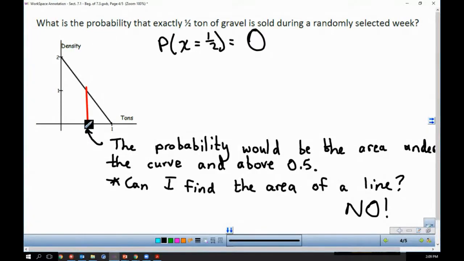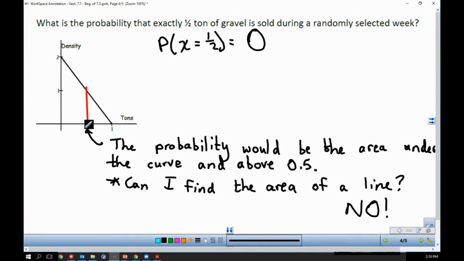What's the probability I drive exactly 10.85976 miles? You'd look at me and say the probability you drive exactly that many is pretty close to 0. Same concept here, except it's not pretty close, it is 0. If it's continuous, we cannot find the probability of a specific x value.